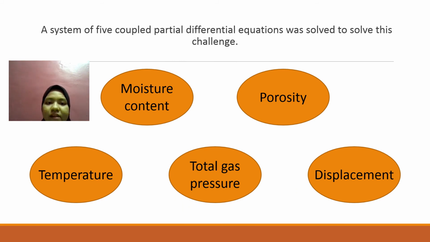Next, a system of 5 coupled partial differential equations was solved to address this challenge. So the 5 variables considered are moisture content, porosity, temperature, total gas pressure, and the displacement.